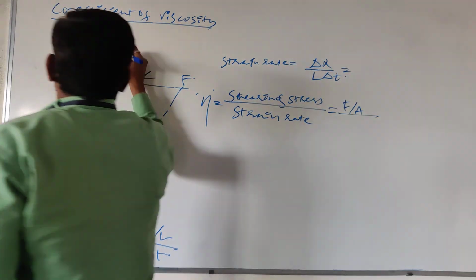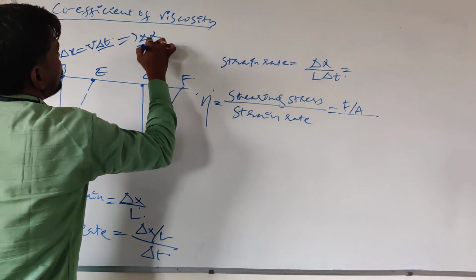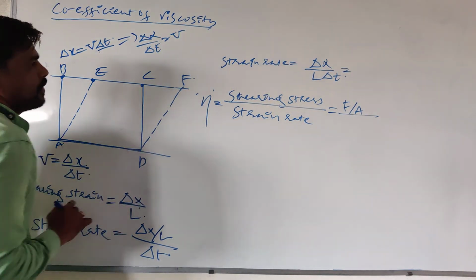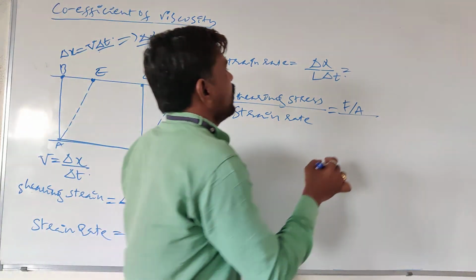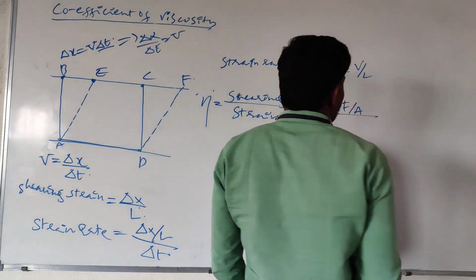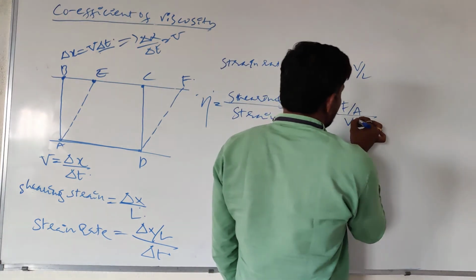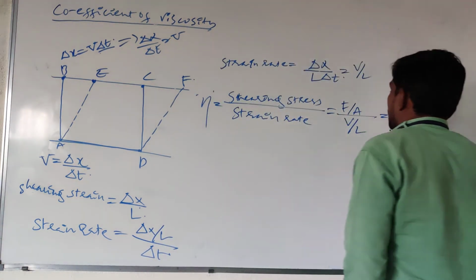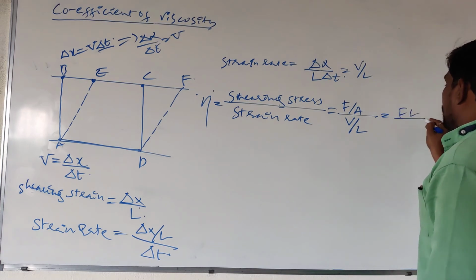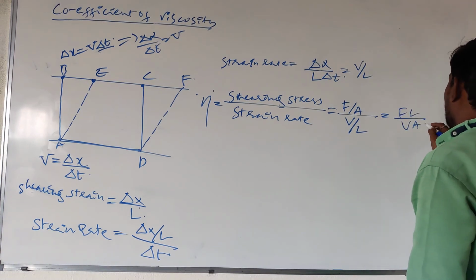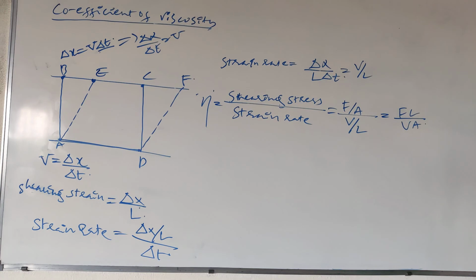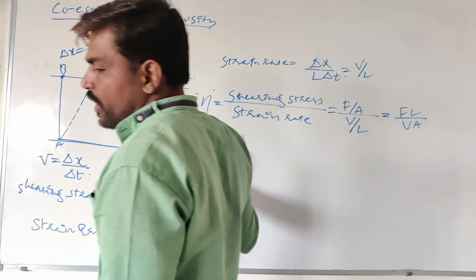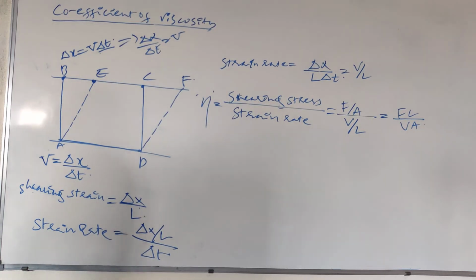Del x divided by del t is equal to V. So then V divided by L. So next, FL divided by VA. So this is our eta, coefficient of viscosity.